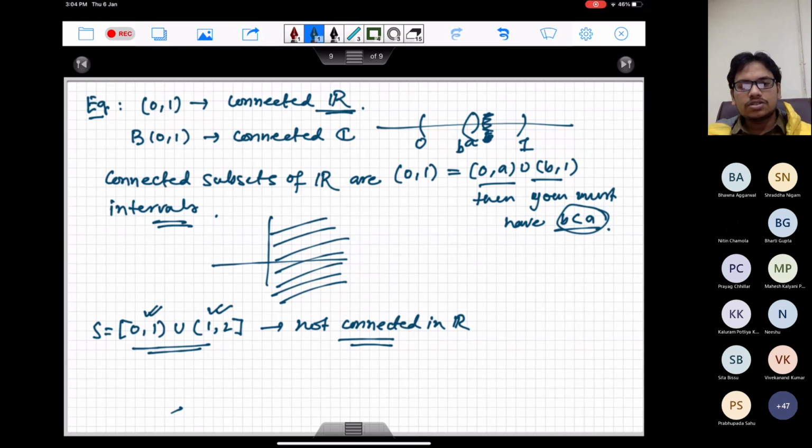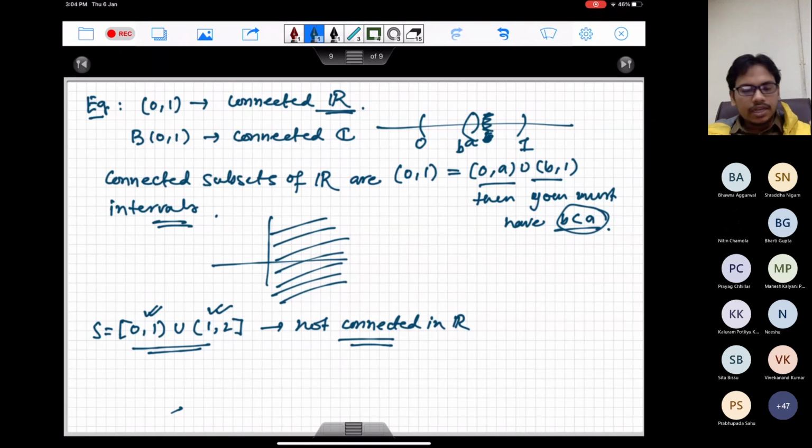Of course in C there is no ordering which works well with the topology, so we don't have this concept of interval in C anymore. But we can try to imagine the situation by saying that the line joining A and B is in the set.